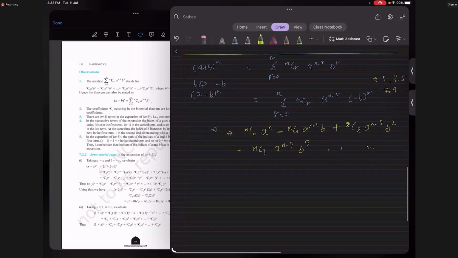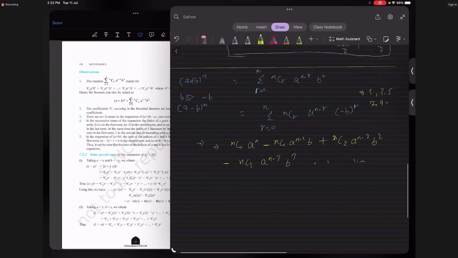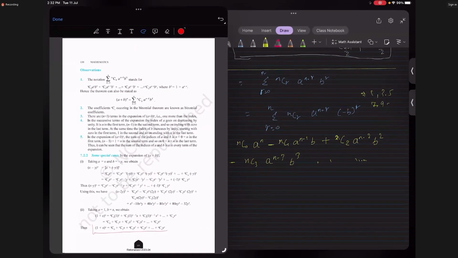So you can see the terms like nC1, nC3, nC5 would be negative and the rest of the terms would be positive. Or you can also say that half of the terms would be negative and half of the terms would be positive. And here another important relationship is when we assume a equal to 1.